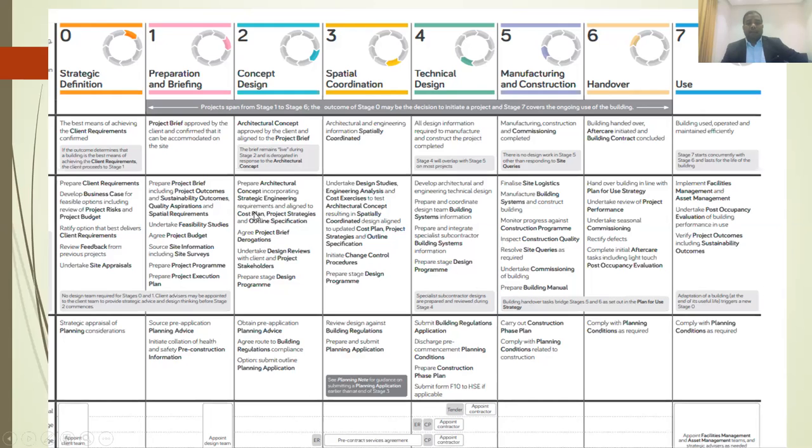Once the cost plan is prepared, it moves to spatial coordination. At this stage, the cost exercises also continue. Let's say if it is cost plan 1, then at this stage we can say cost plan 2. So when the design develops, the cost plan also develops.